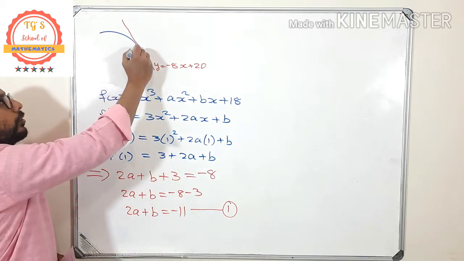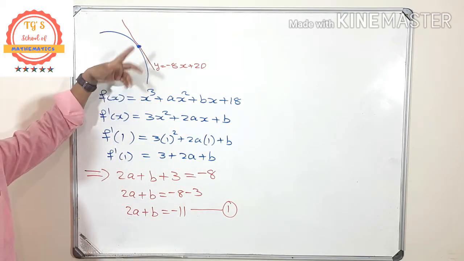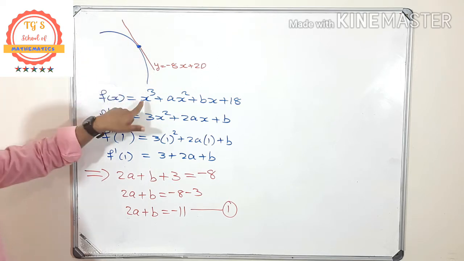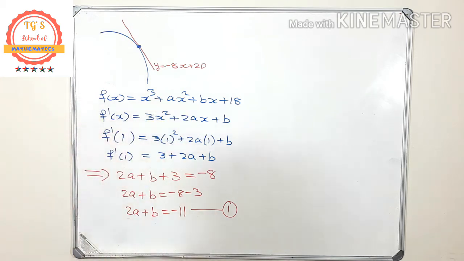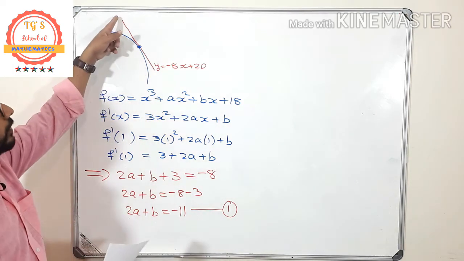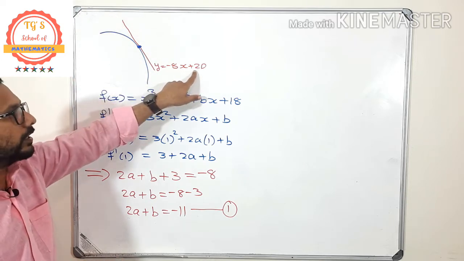We know the equation of this curve. Am I right? In terms of a, okay, it's fine. But anyway, we know what is the equation of this curve. That is x cube plus ax squared plus bx plus 18. And also we know that the equation of this tangent is minus 8x plus 20.